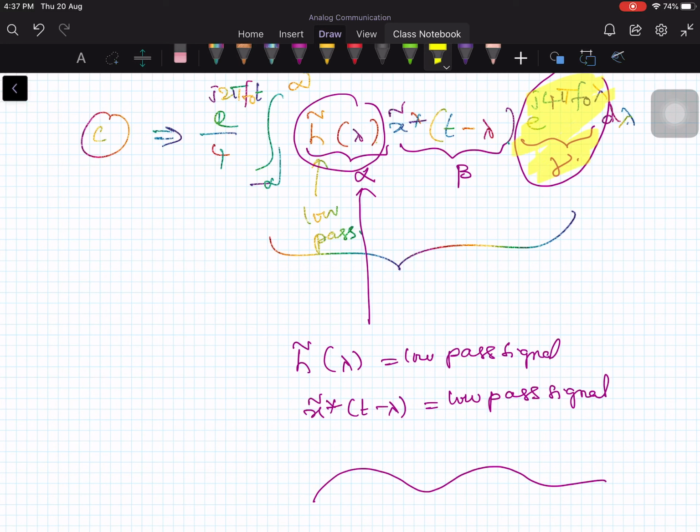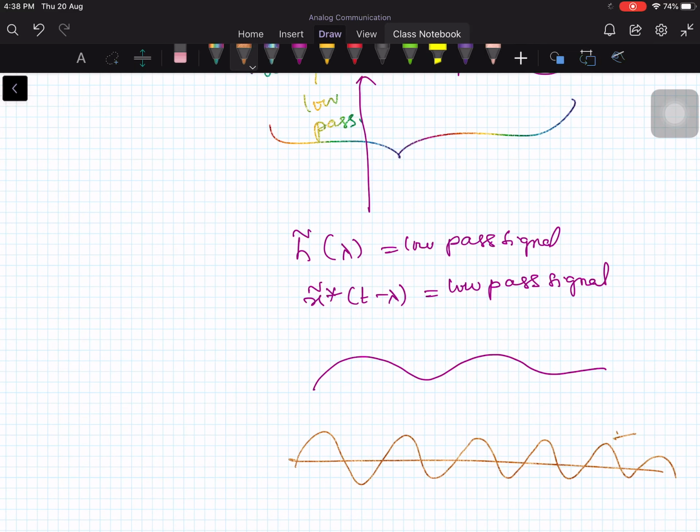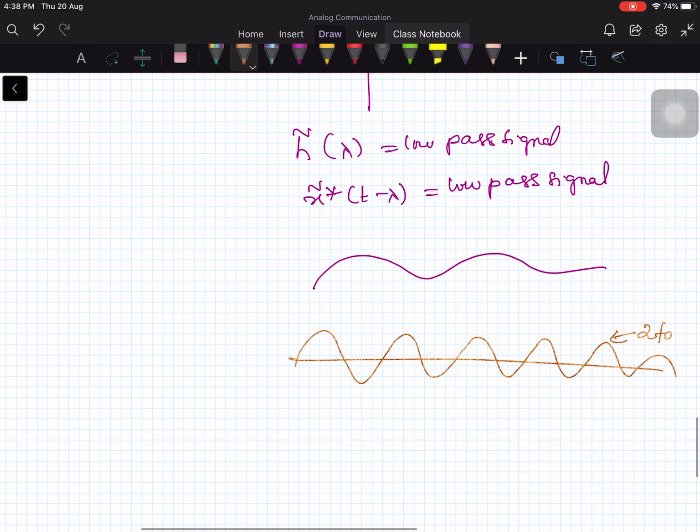What is that? e to the j 4 pi f naught. The frequency is 2 f naught. Now multiply this and that.